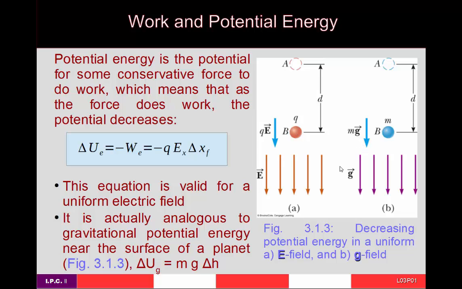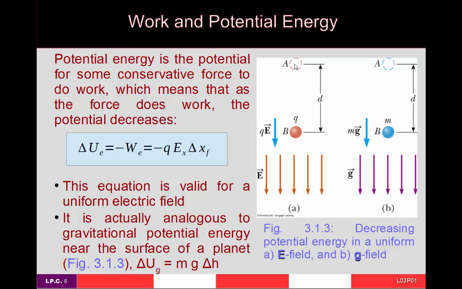If you have a uniform gravitational field, that is equivalent to saying that you are, for example, near the Earth's surface where the gravitational free-fall acceleration is g equals about 9.8 meters per second squared. So the change in potential energy from falling from this point to this point is given by m times g times this distance, usually represented by a delta h in the specific case of an object falling from some height.